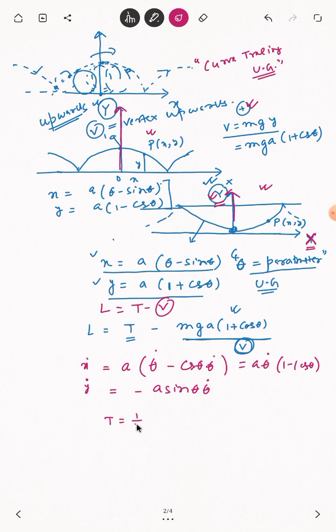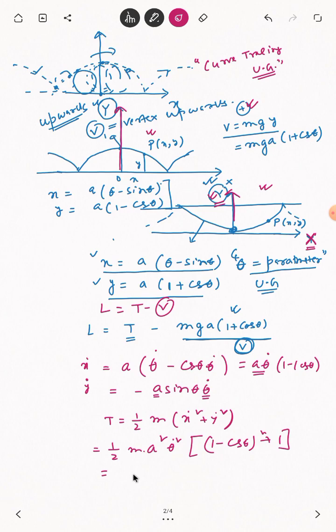Now comes the expression of kinetic energy. T will be half into m into x dot square plus y dot square. In x dot square and y dot square, a theta dot is common, so we can take it outside as a square theta dot square, and inside we have 1 minus cos theta whole square plus sine square theta.